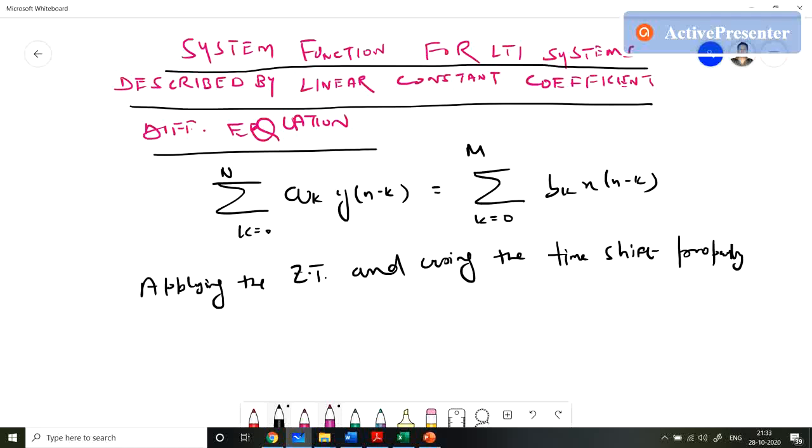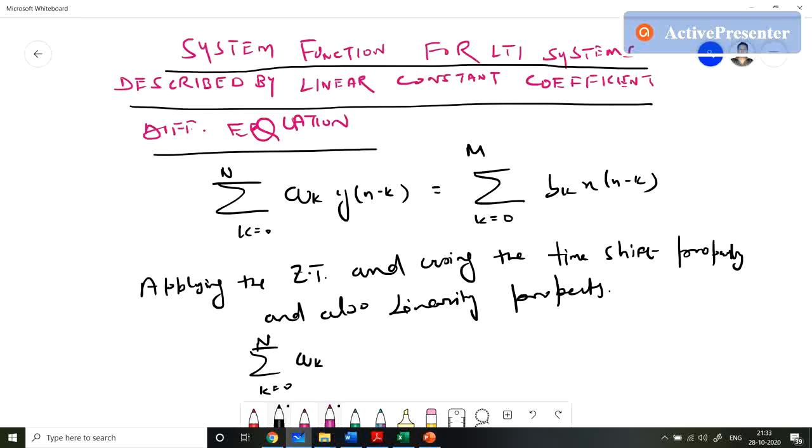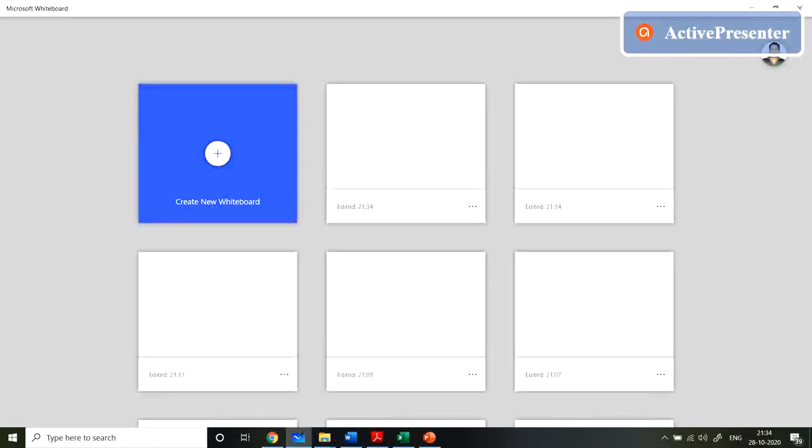Applying the Z transform and using the time shift property and also the linearity property, we get summation k equals 0 to N a_k z^(-k) into Y(z) equals summation k equals 0 to M b_k z^(-k) into X(z).